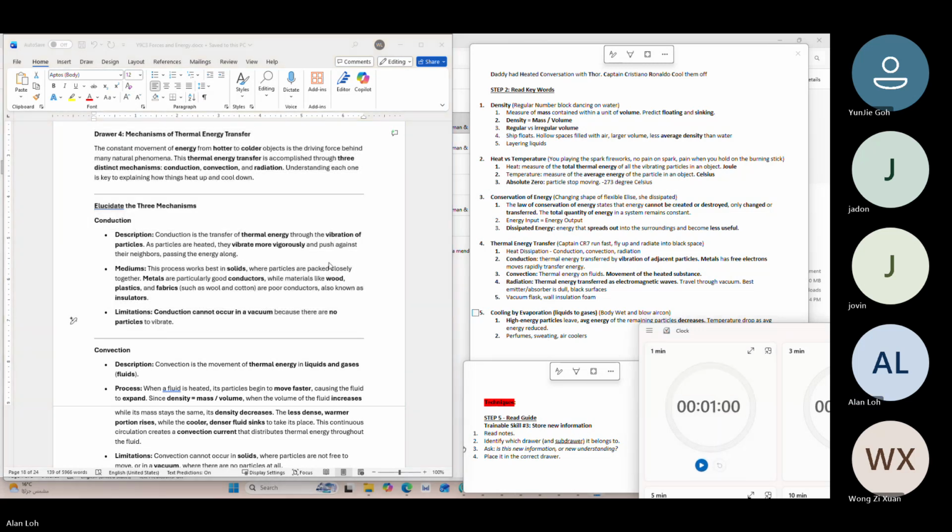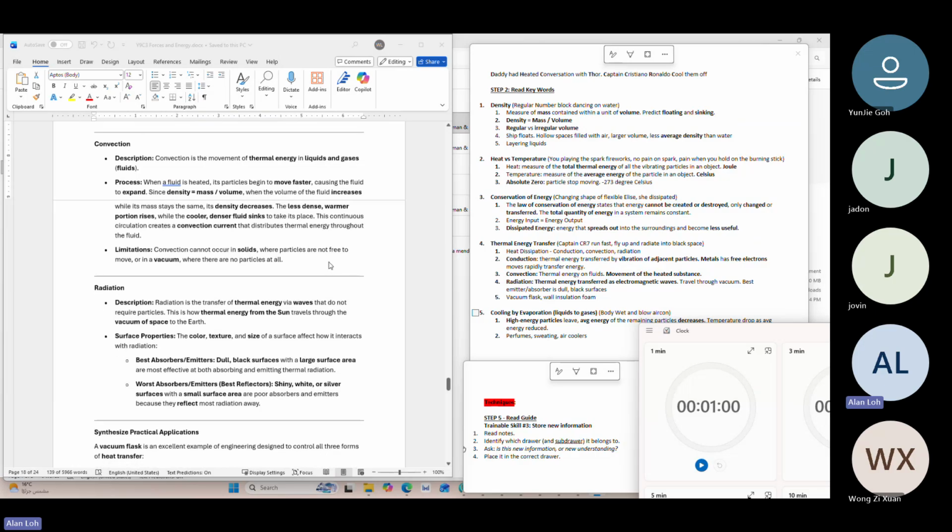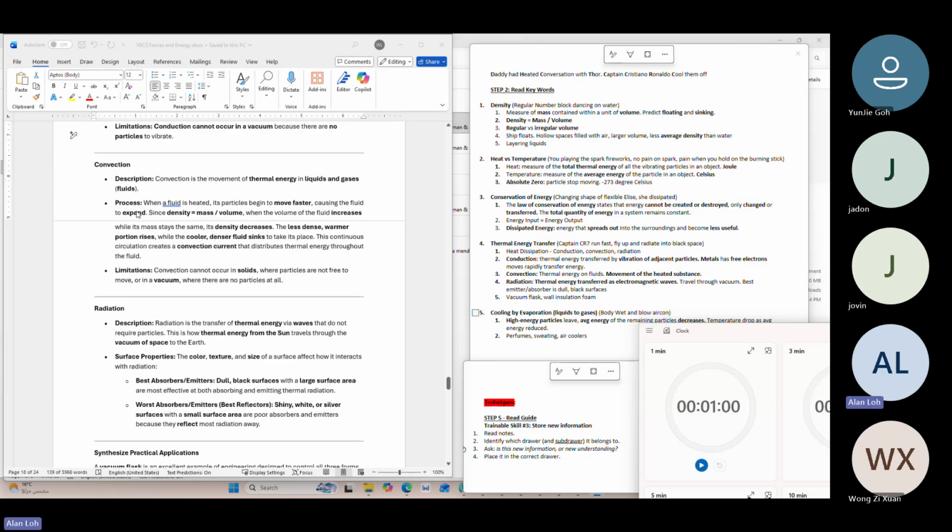Okay, new information, new knowledge, put it inside your drawers. Let's do these two, convection and radiations.